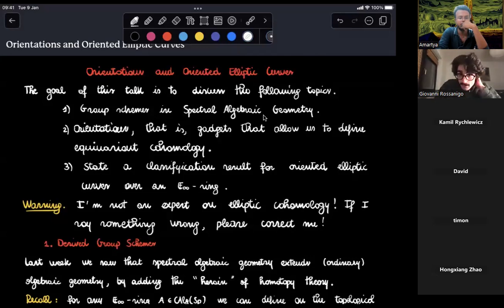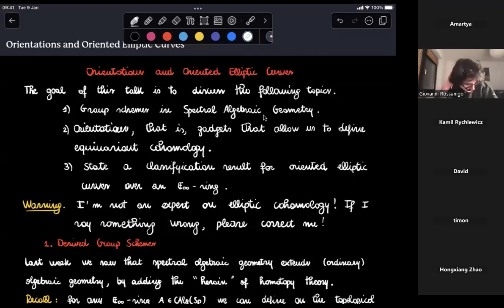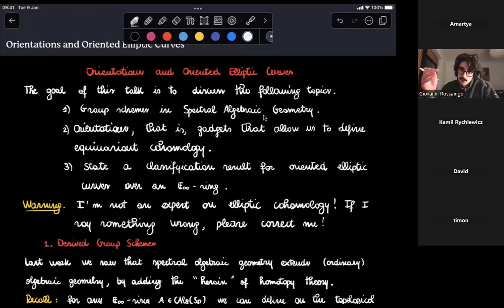So hello everyone. The goal of this talk is to give an introduction to orientations and oriented elliptic curves. And in order to do so, we have to speak first about group schemes in spectral algebraic geometry. The way we will do that is that we will go straight with a generalization from the ordinary algebraic geometry case.